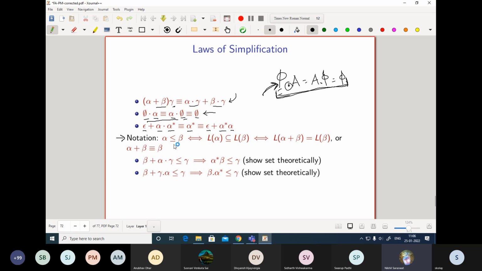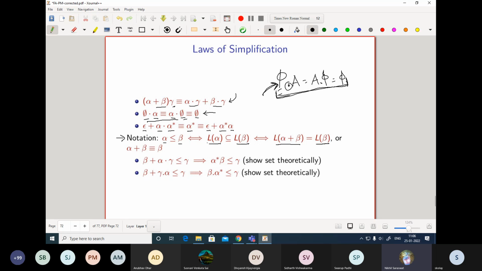Now we'll introduce a new notation. We'll say alpha is less than or equal to beta if, by definition, the language matching alpha is a subset of the language matching beta. Or we can also say that the language matching alpha plus beta is equal to the language matching beta itself.